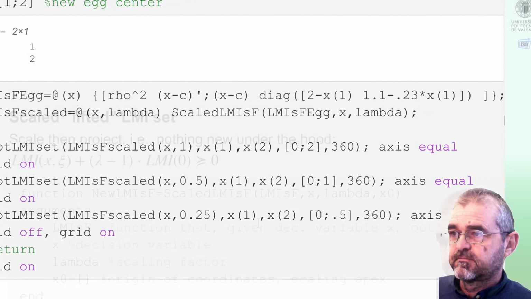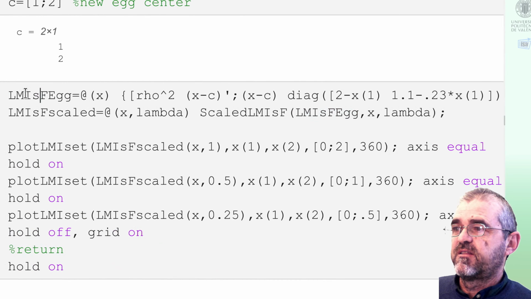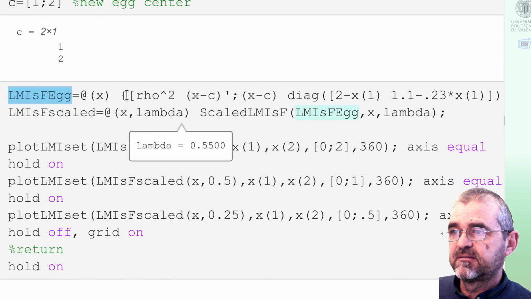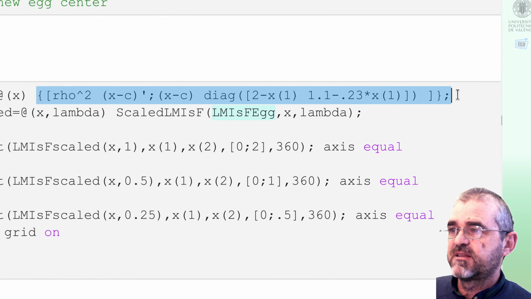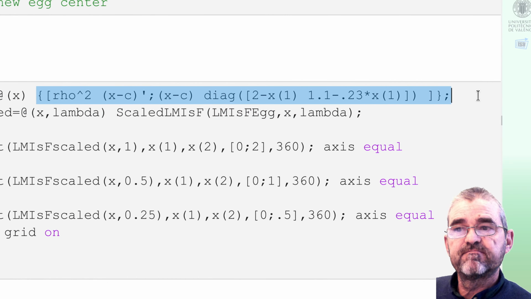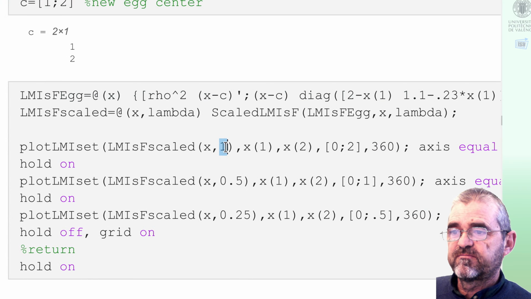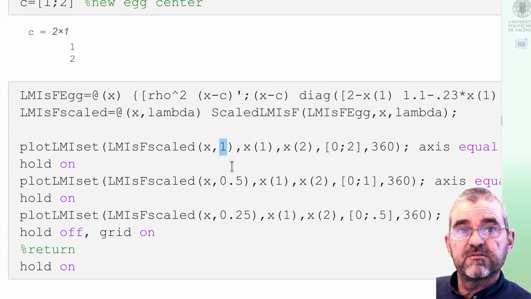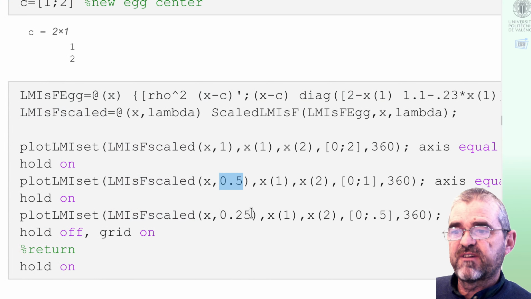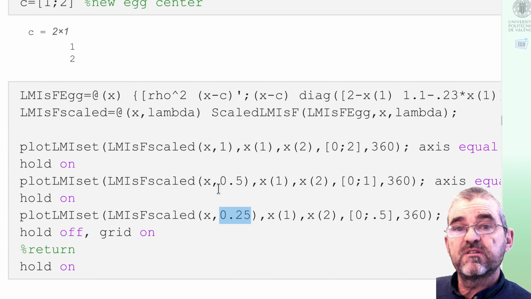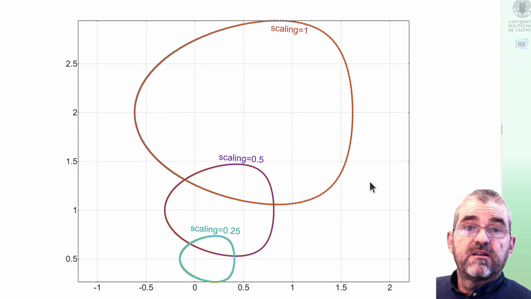So if I define the LMIs for an egg as this matrix being positive definite, then I will plot the scaling size 1, size 0.5, and size 0.25, and here I get the scalings.